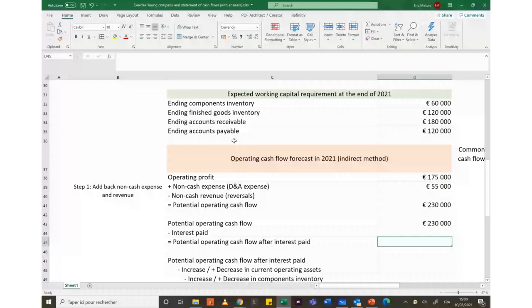We increase the finished inventory by 120,000. We increase the accounts receivable by 180,000. So the increase in current operating assets is the sum of the three. If we want to show directly this one, we can put the total of the three, the sum of all of this.